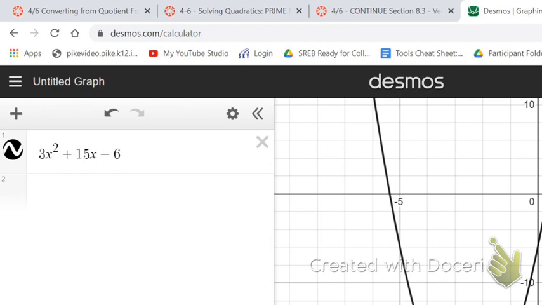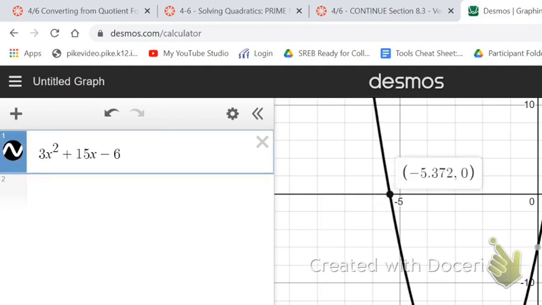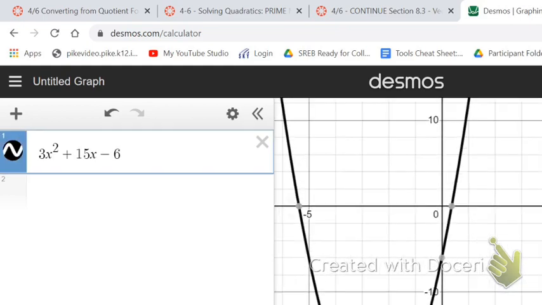So I'm going to click on the graph to get more precise values, but just looking at the graph, you should be able to ballpark about where these zeros are. All right, so I've got these 2 values here, negative 5.372 and positive 0.372.